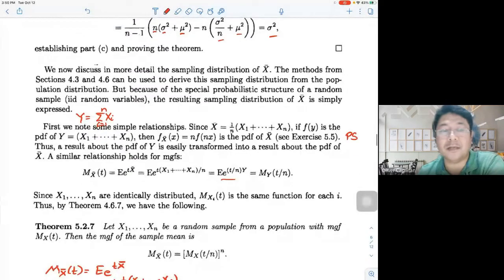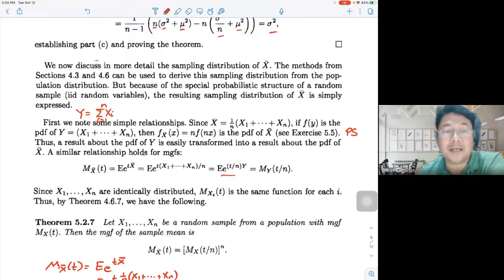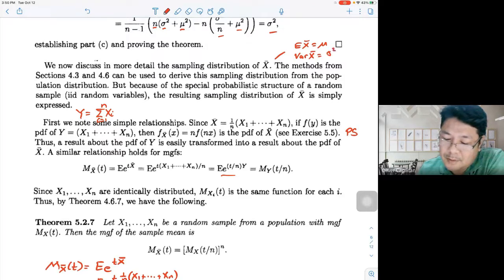The next paragraph here implies that we're going to discuss in detail the sampling distribution of the sample mean. We already know that the mean of the sample mean is equal to mu. The variance of the sample mean is equal to sigma squared over n. But we do not know yet what is the distribution of the sample mean.